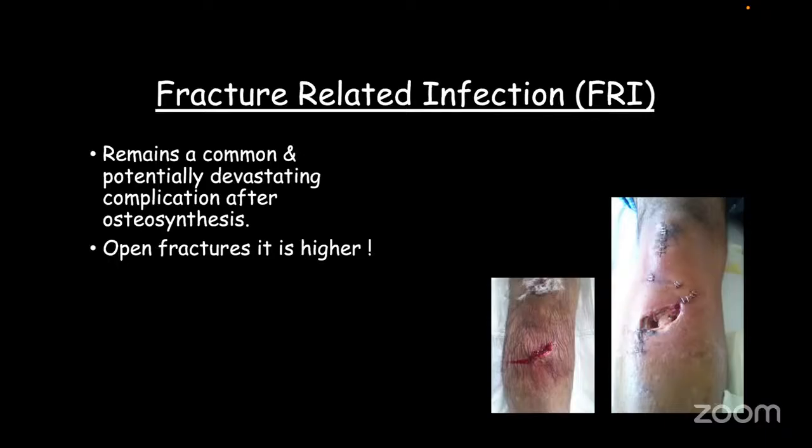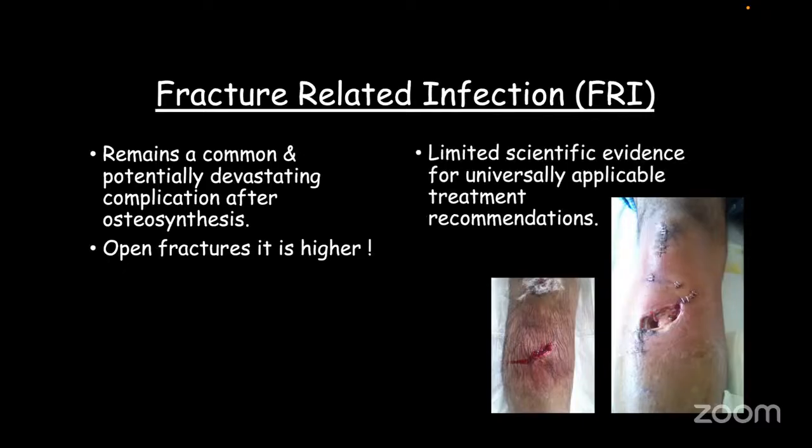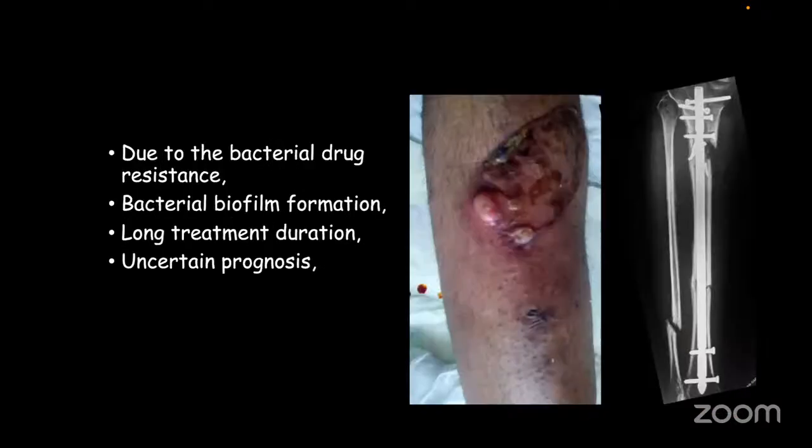In open fracture, the risk is higher. There is limited scientific evidence for universally applicable treatment and recommendations for fracture related infections like this. That is because of bacterial drug resistance, bacterial biofilm formation, the long duration of treatment required, and the uncertain prognosis.